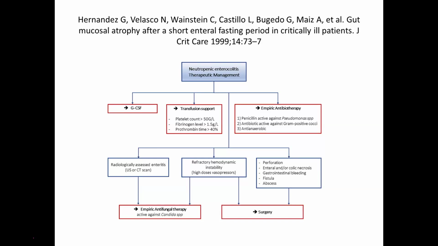There are some controversies about the use of GCSF, but especially in patients who have survived one episode of neutropenic enterocolitis, they may develop another episode, especially after chemotherapy. So keep that in mind when you manage these patients.